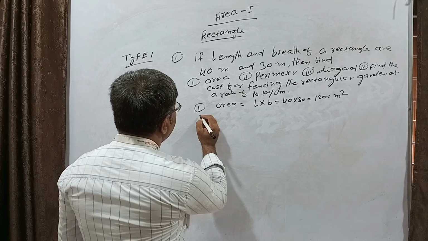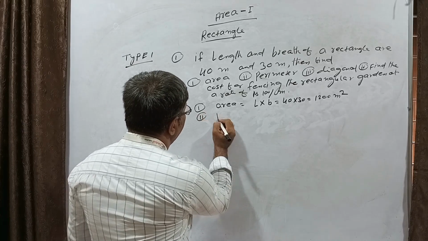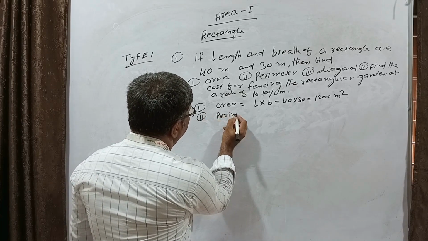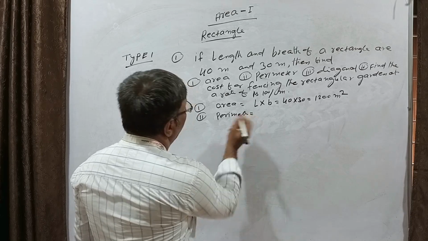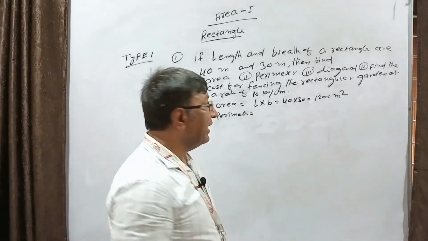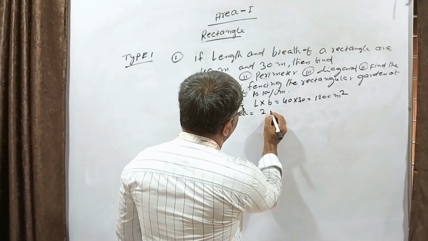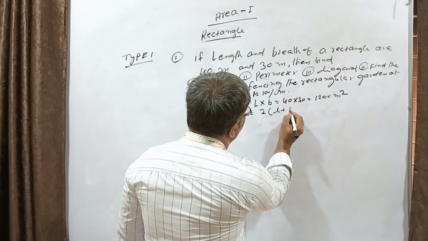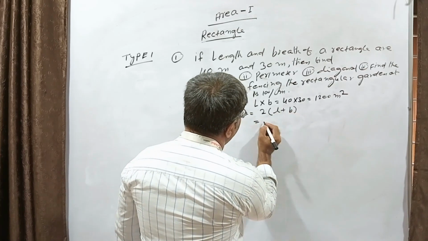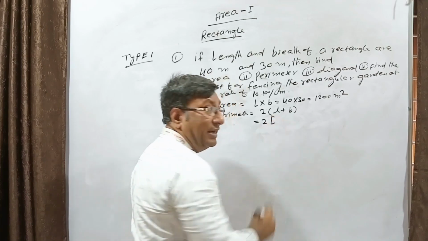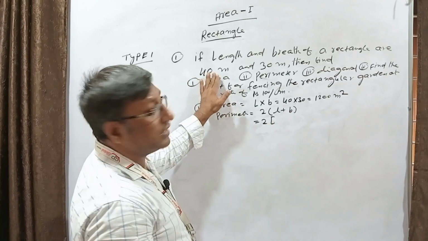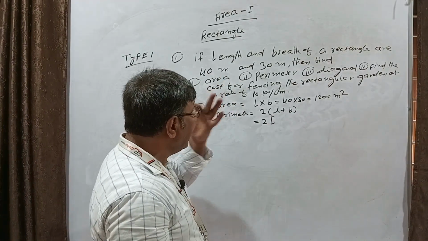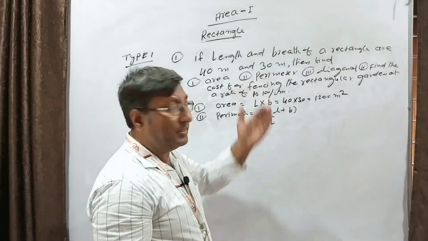Now you see the second part. In the second part we have to find the perimeter. We know the perimeter of a rectangle is 2 multiplied by length plus breadth. Here the length given in the question is 40 meter and the breadth is 30 meter.